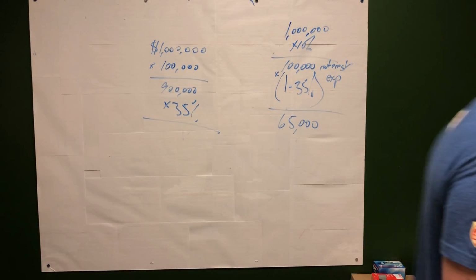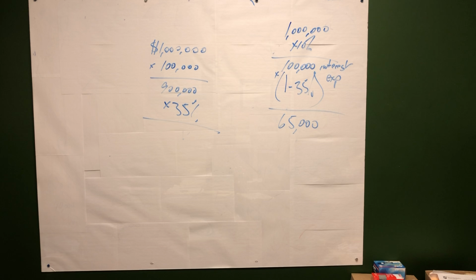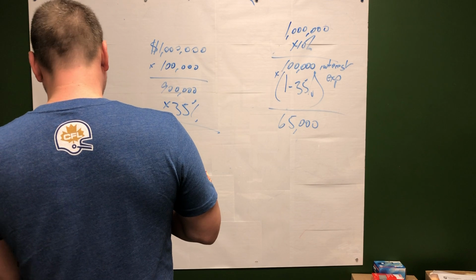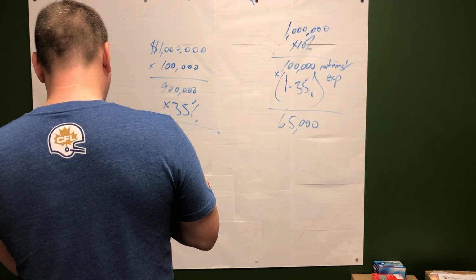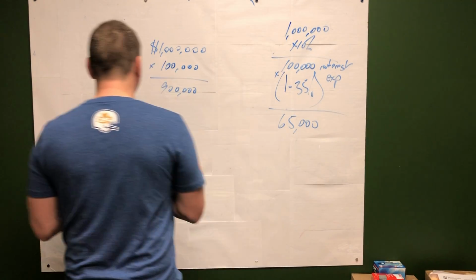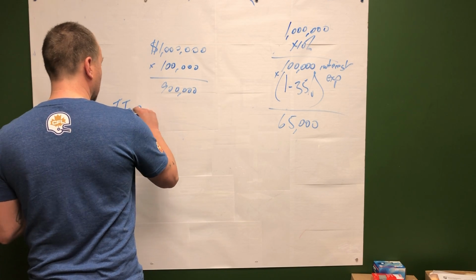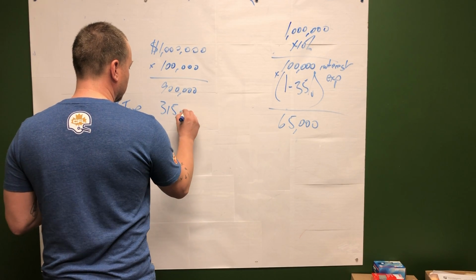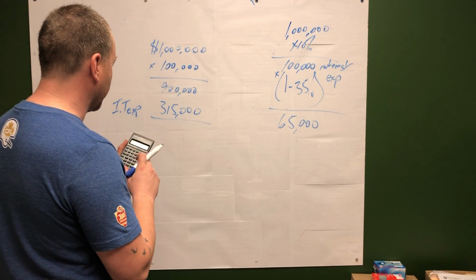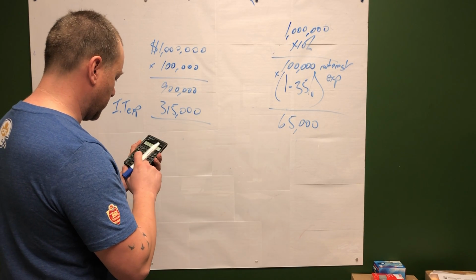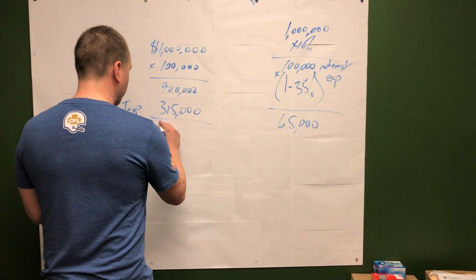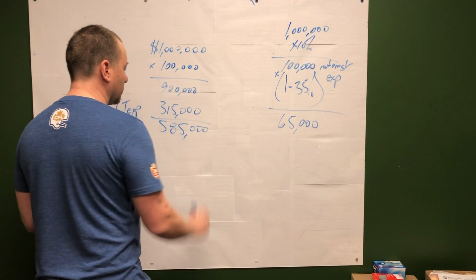I'm just going to do a quick calculation. $900,000 times 0.35 is $315,000, so my income tax expense is $315,000. As a result, we're left with 900 minus 315, which is $585,000 in after-tax profit.